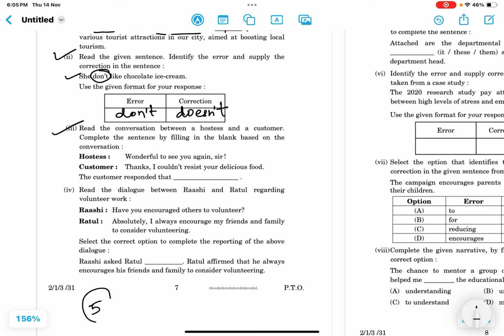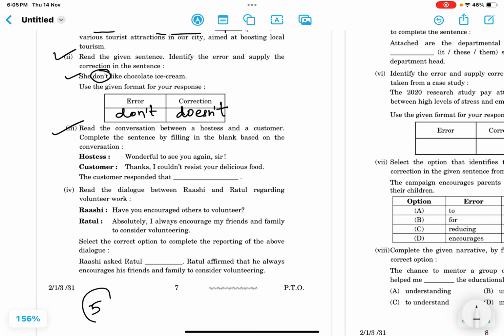"He could not" will remain the same. "Resist" will also remain the same. "Your," the second person, changes according to the hostess: "her delicious food."